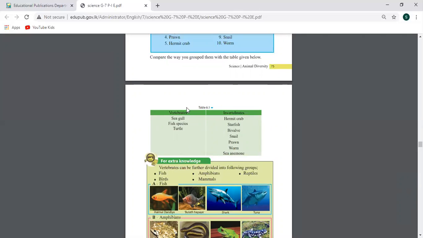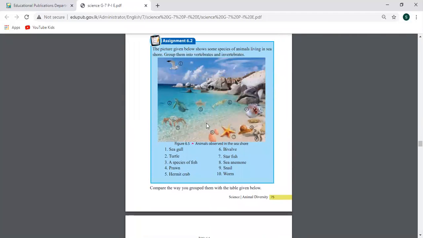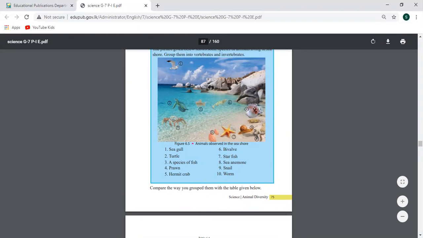You can see a table which is divided into vertebrates and invertebrates. This table consists of this assignment 6.2.